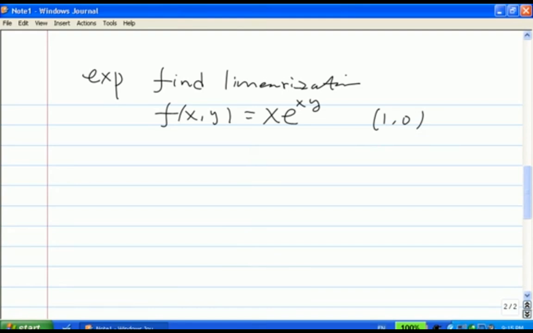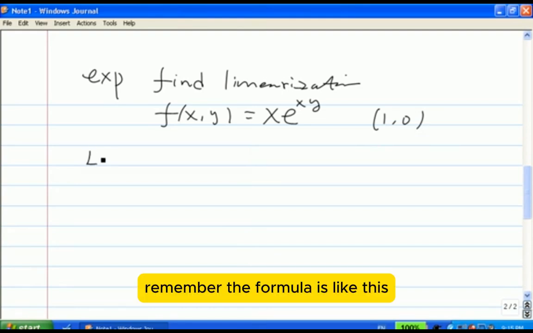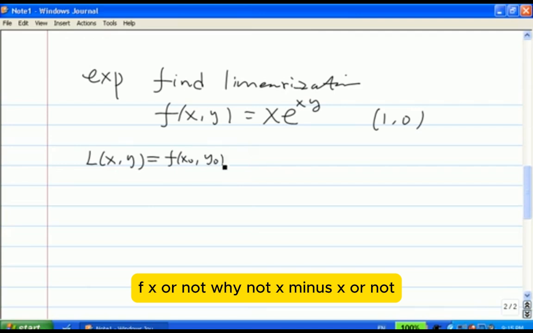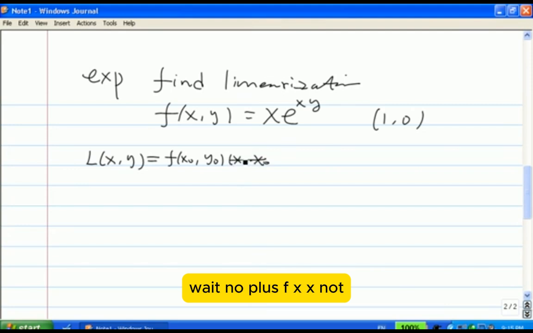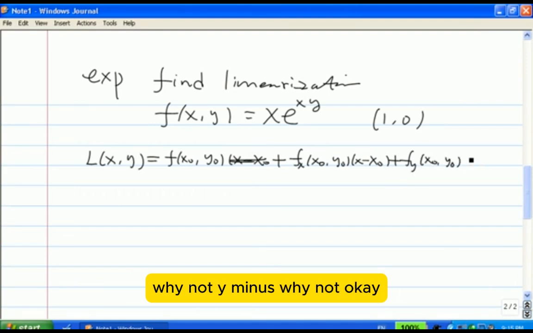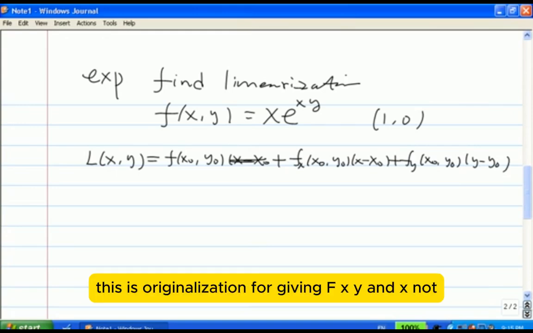Okay, now remember the formula is like this: f(x0, y0) plus fx(x0, y0)(x minus x0) plus fy(x0, y0)(y minus y0). Okay. This is a linearization for a given f(x,y) at (x0, y0).